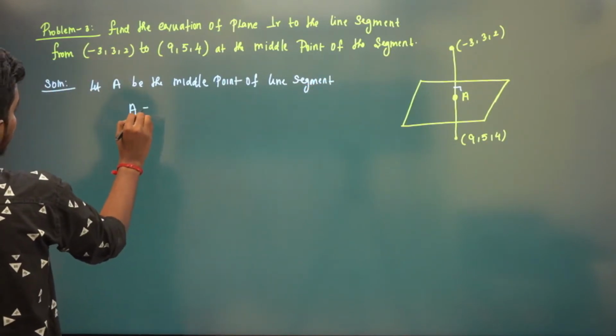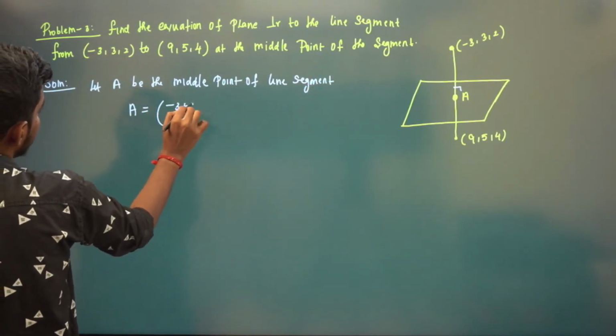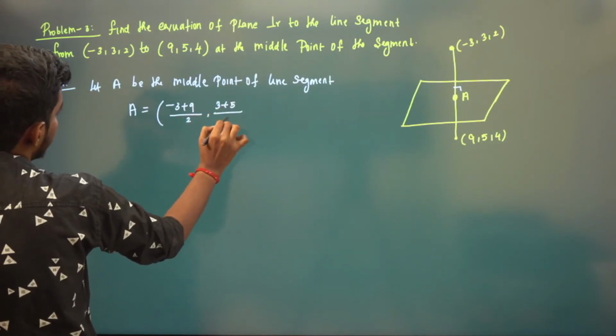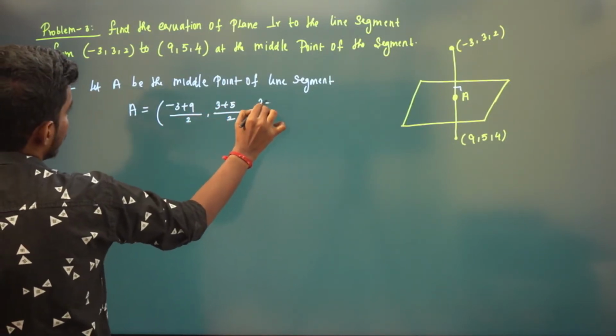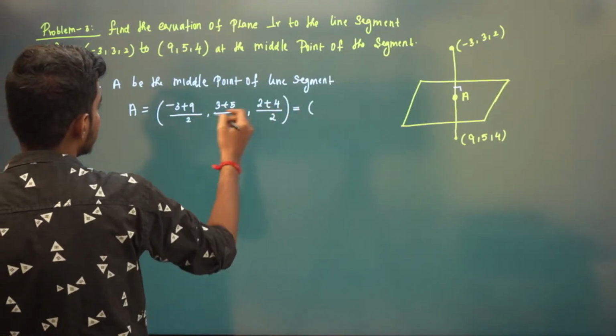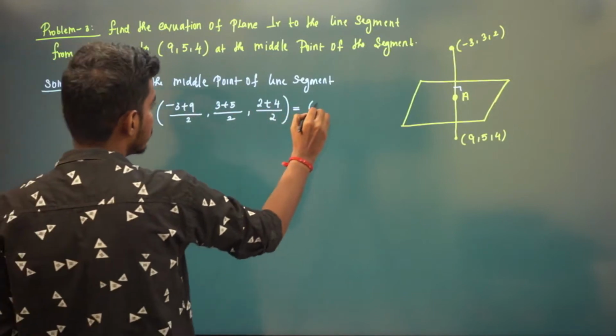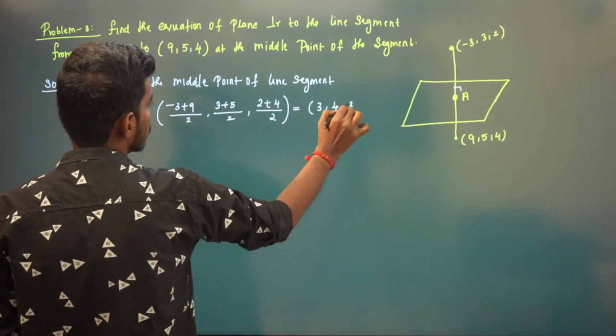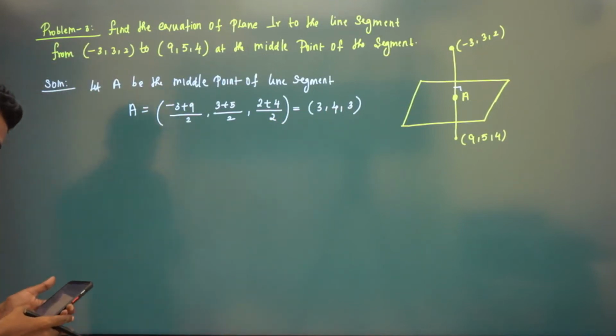A is given by x1 plus x2 by 2, y1 plus y2 by 2, z1 plus z2 by 2. Therefore A is 9 minus 3 is 6, 6 by 2 is 3, 4, 6. So 3 comma 4 comma 3 is the coordinate of A, right?